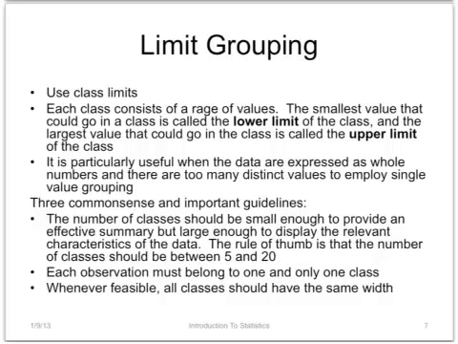This is used when the data is primarily integer value or discrete again, but we have a large range of values. Three important guidelines here: the number of classes by rule of thumb should range between 5 and 20. Each observation has to belong to one and only one class. And whenever feasible, the bins should be all of the same width.